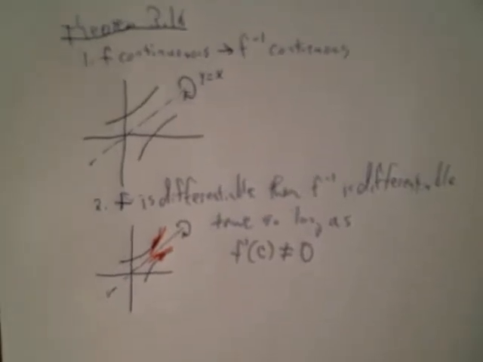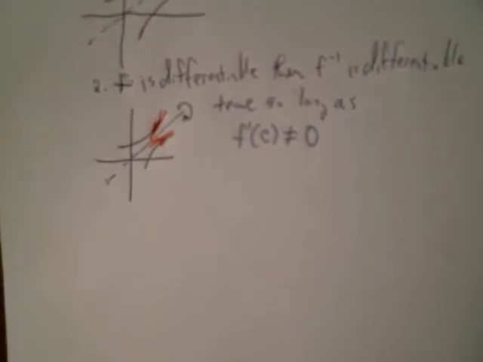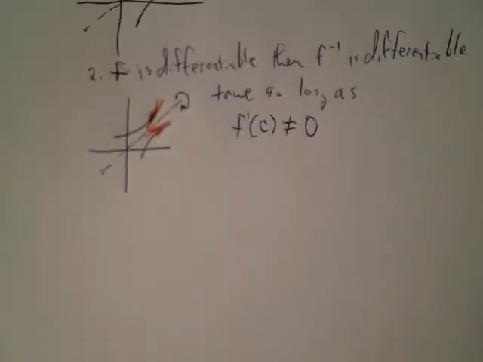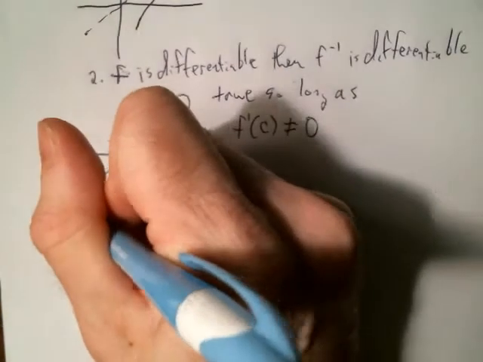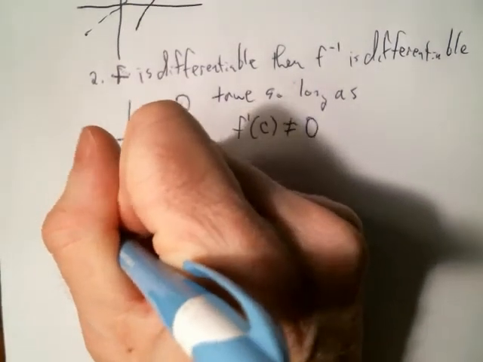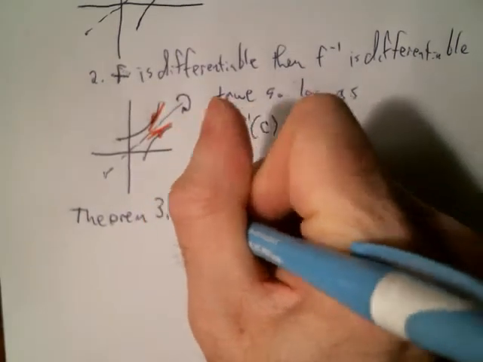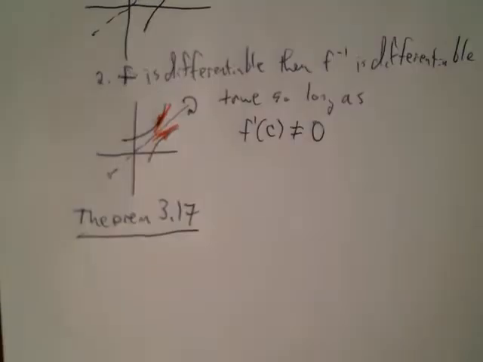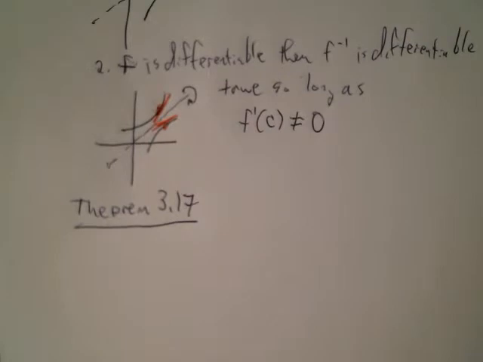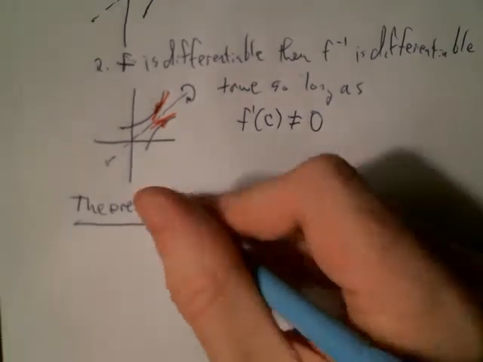We can get a formula for the derivative of the inverse function, and it's given in theorem 3.17. But you can generate it by doing the implicit differentiation we learned in the last sections.